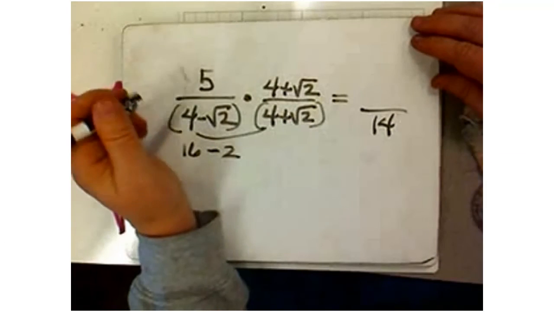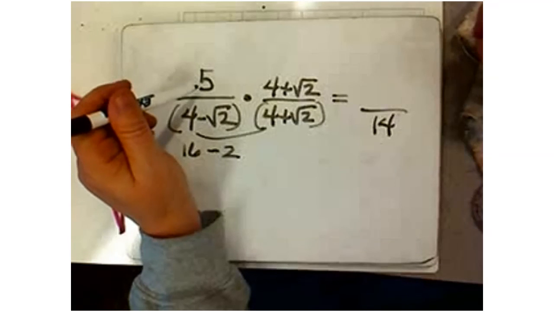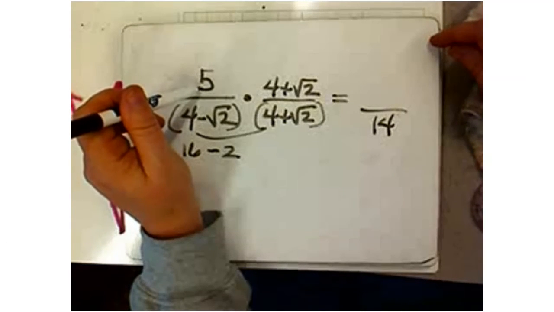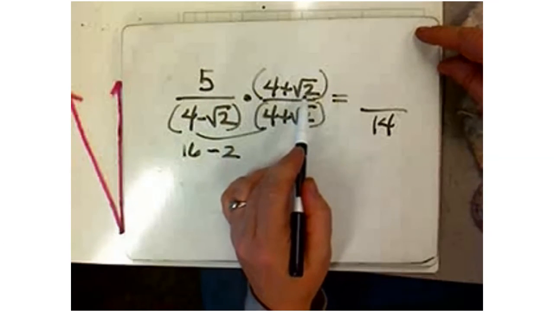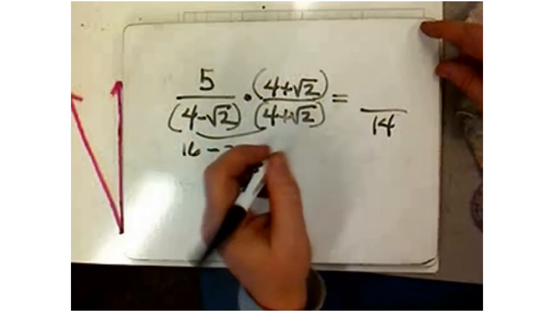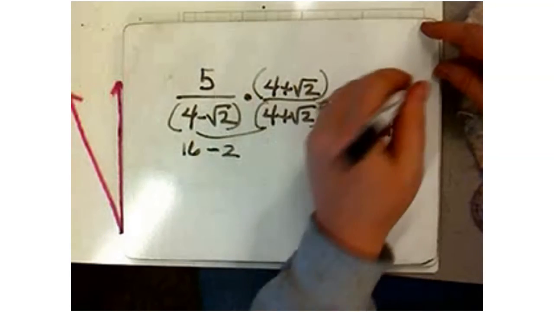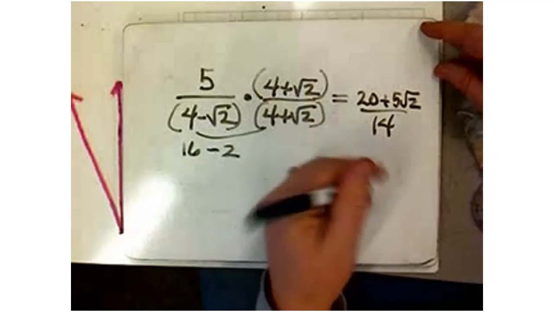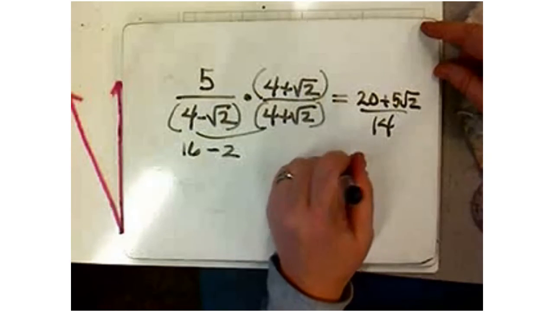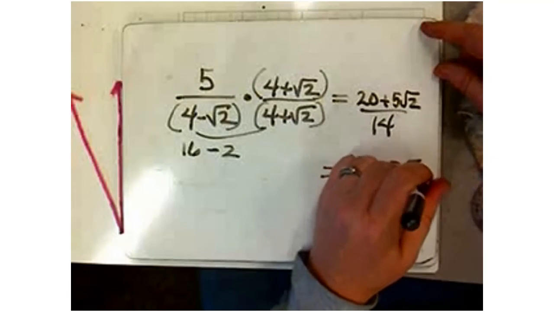Then in the numerator position, we're going to either FOIL it if it's two quantities, or we're just going to distribute. So in this case, it's the 5 distributing to the 4 plus square root of 2. So 5 times 4 is 20, plus 5 times square root of 2. And then we could break this apart if you wanted to and simplify it, because this is the same as 20 over 14 plus 5 square root of 2 over 14.